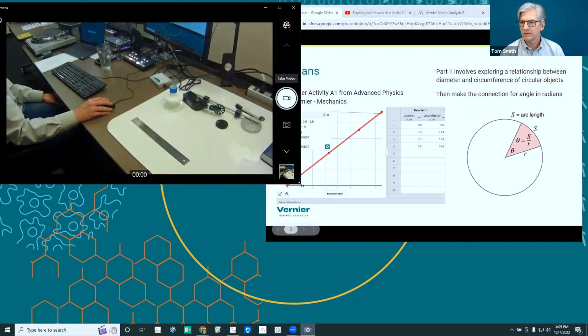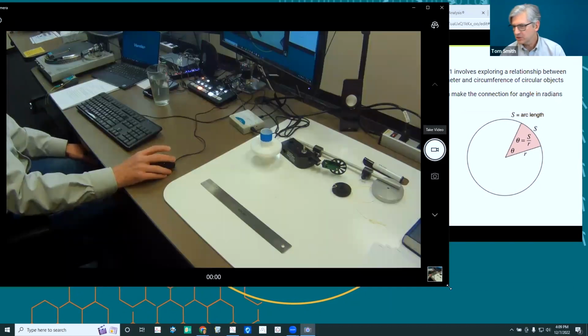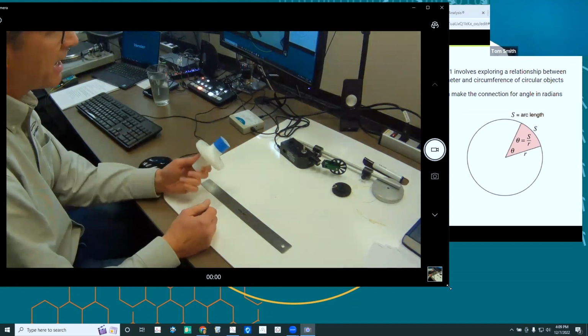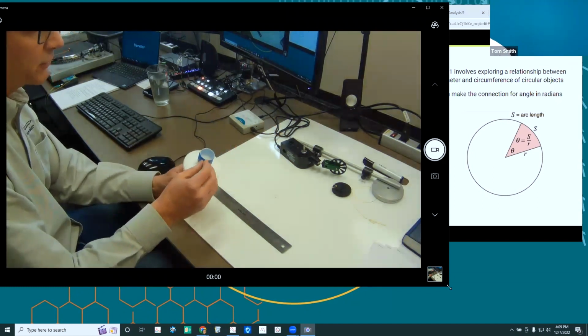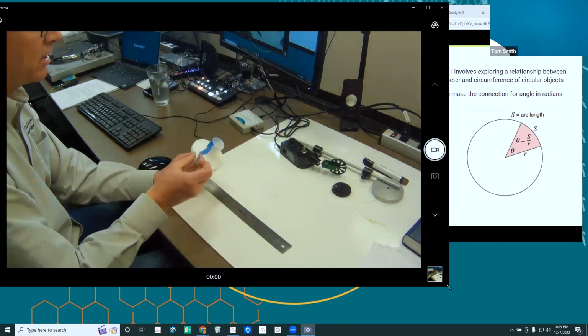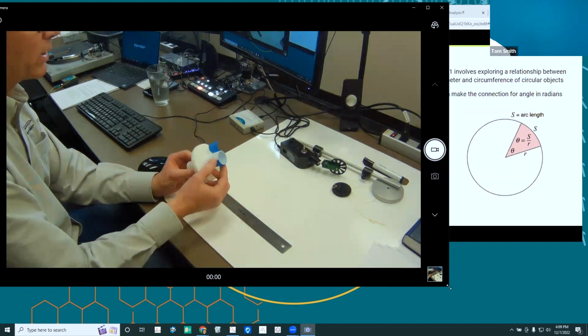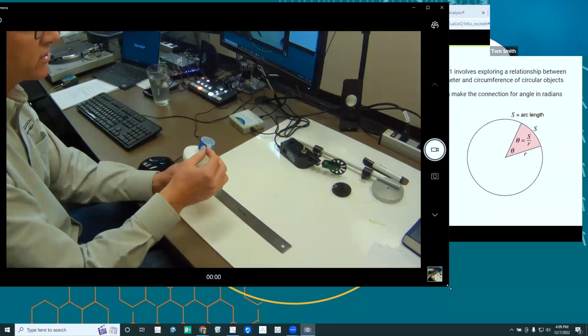Let me make my screen a little bit larger so you can see that. This was a round thing that I happened to have at my desk, a filter for a spirometer. What I did was take some painter's tape and wrap it around the circumference.